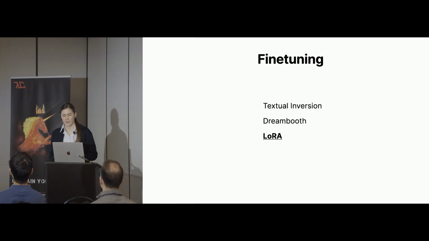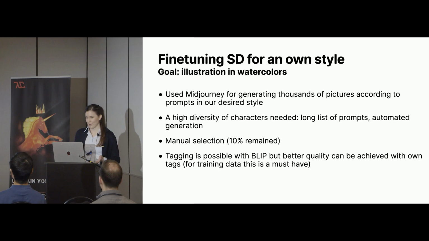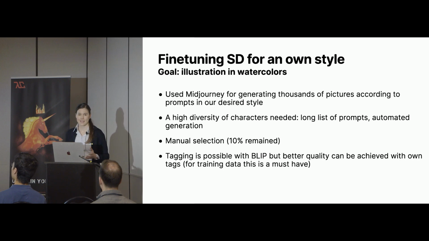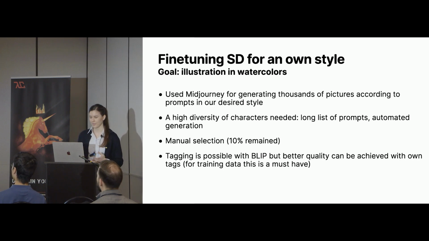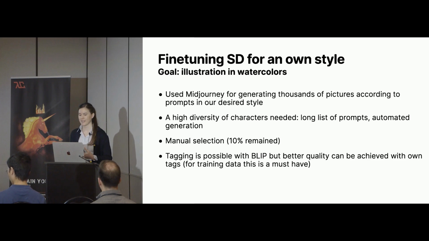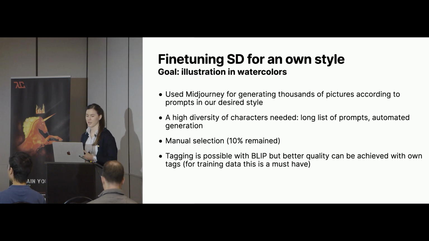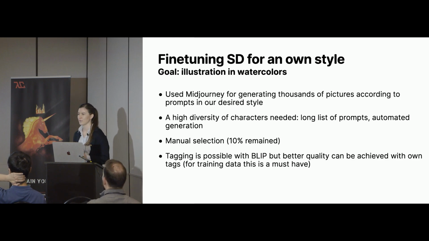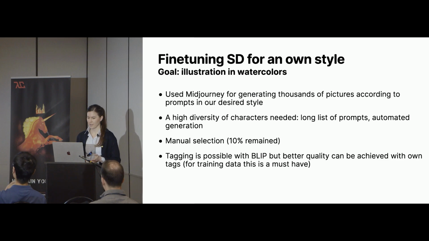So first, we fine-tuned the base Stable Diffusion model to our own style. We needed training data first, and we used Midjourney for generating thousands of pictures according to our prompts in a desired style.